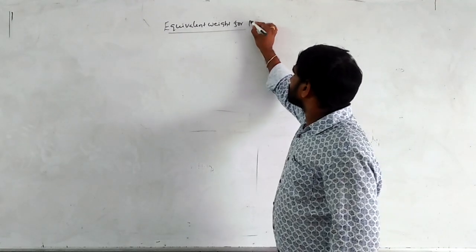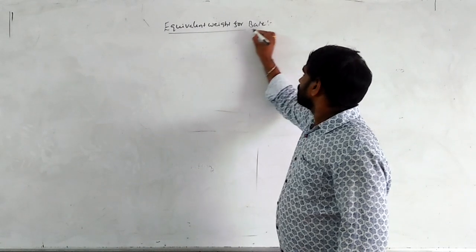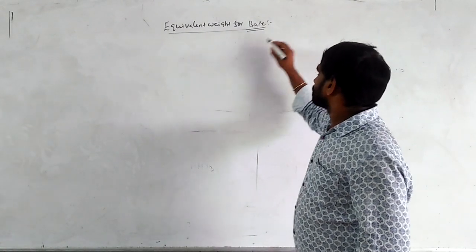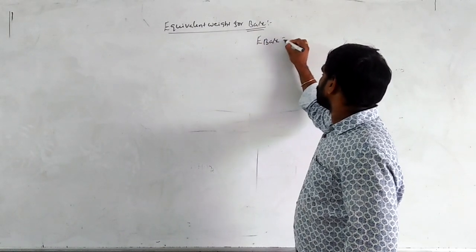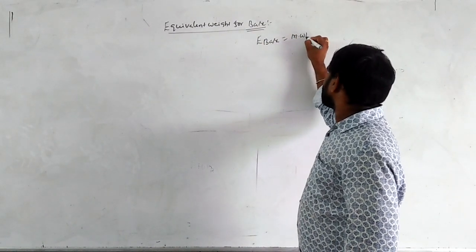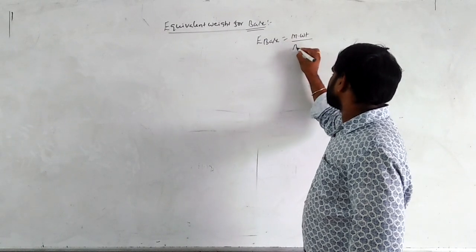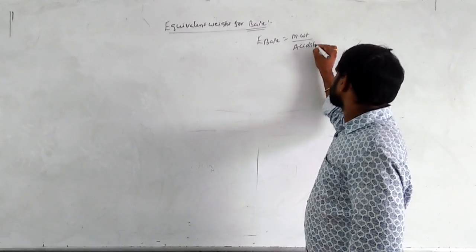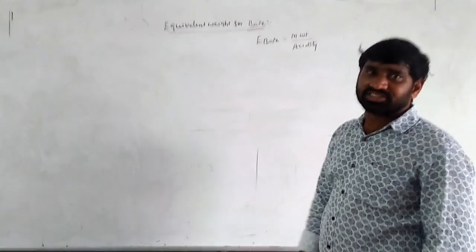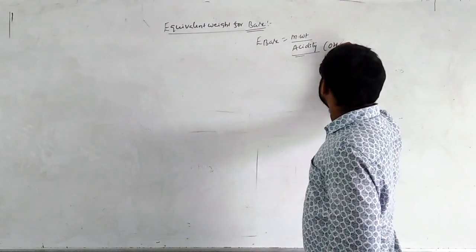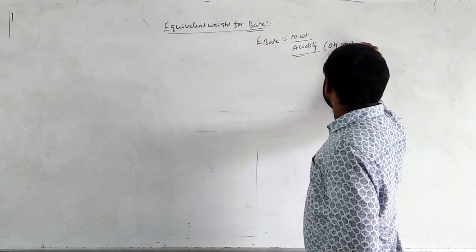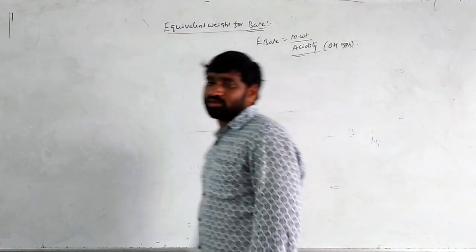Equivalent weight for base. Equivalent weight for base equals molecular weight by acidity. Acidity means the number of OH groups present in a molecule.